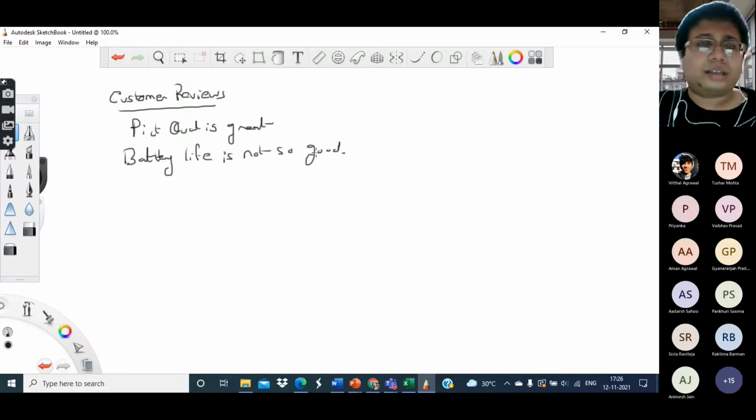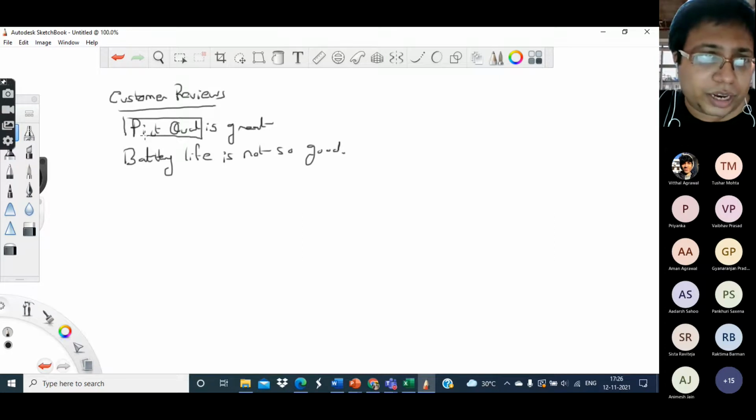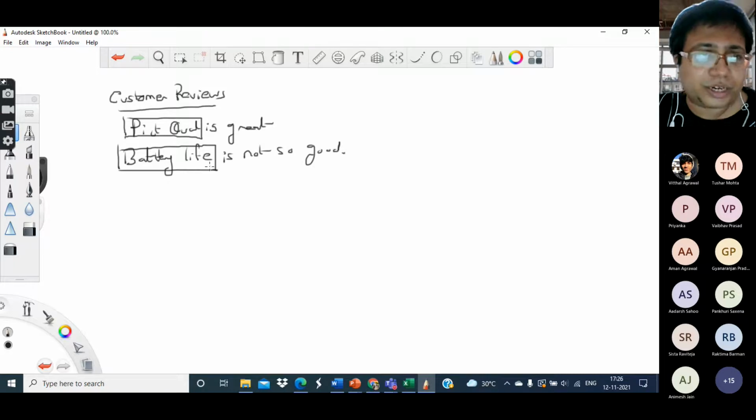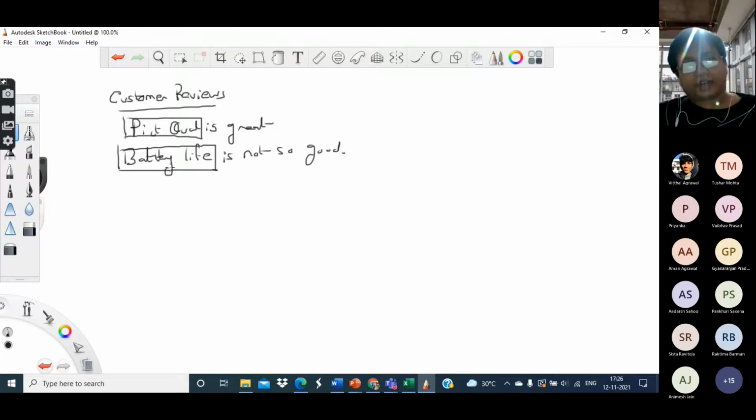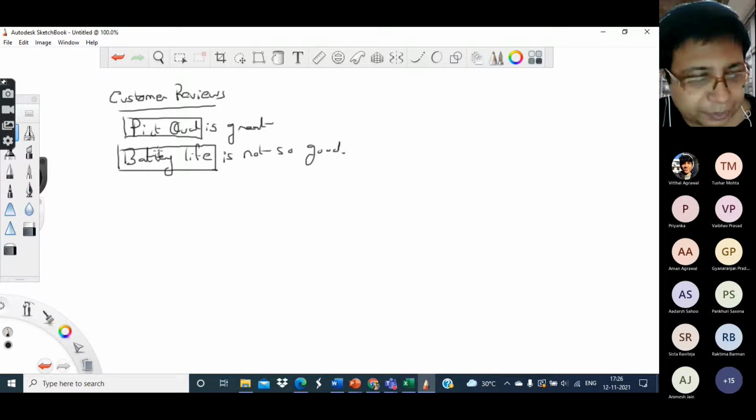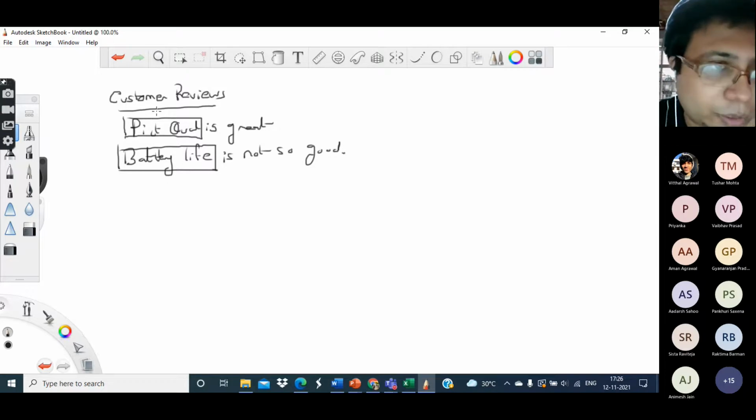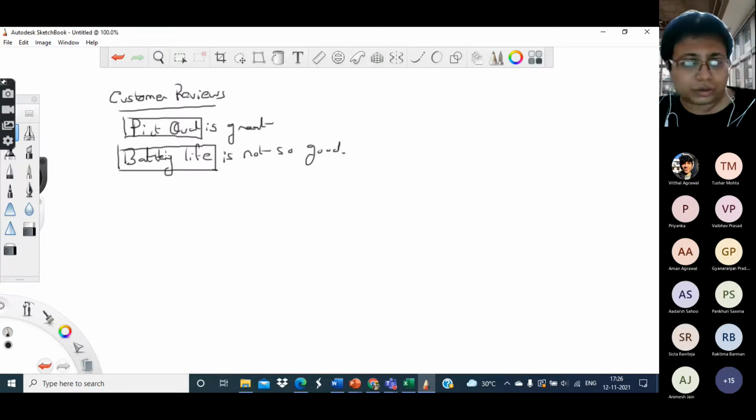Using concepts such as word sense disambiguation and so on, we had already found that picture quality and battery life are the target words. These are the aspects of the product with which we are trying to measure what sentiment has been attached to them.